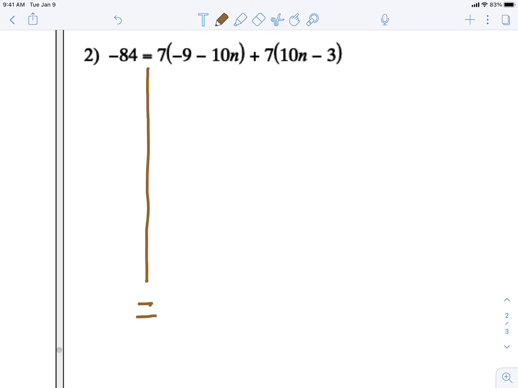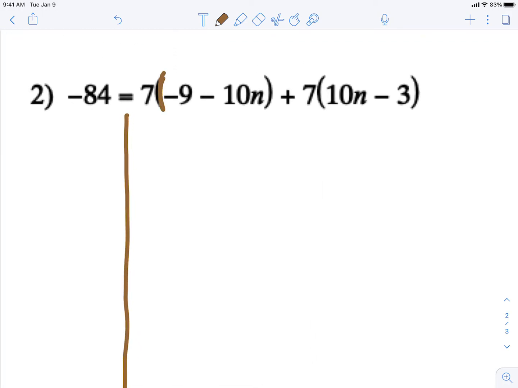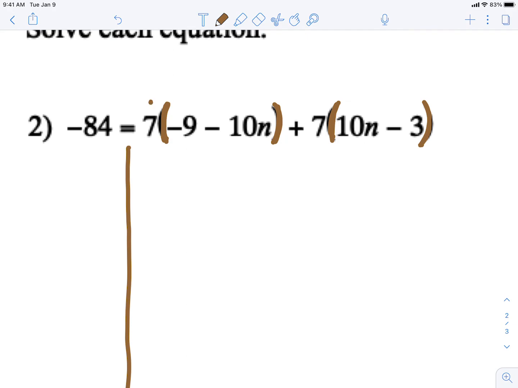And we're going to notice parentheses here and parentheses here, and also parentheses here and parentheses there. So we're going to multiply 7 times negative 9, 7 times negative 10n, 7 times n, and 7 times negative 3.